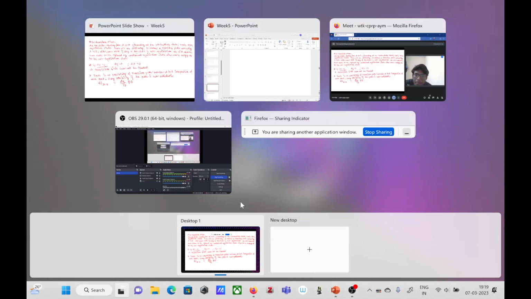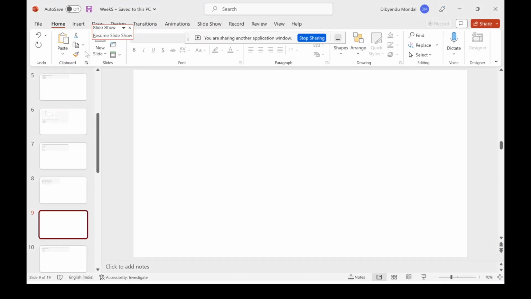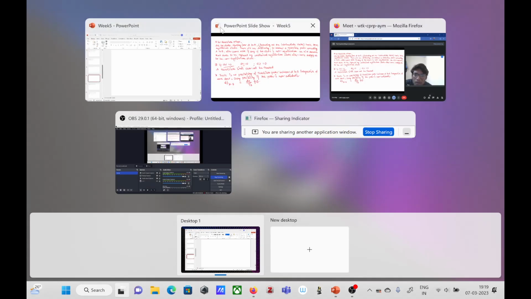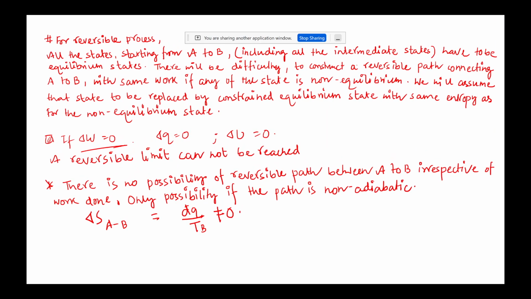Let me add another page, so that can be discussed.